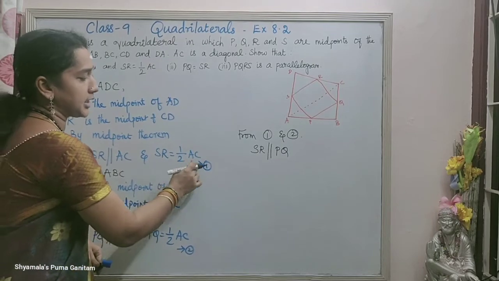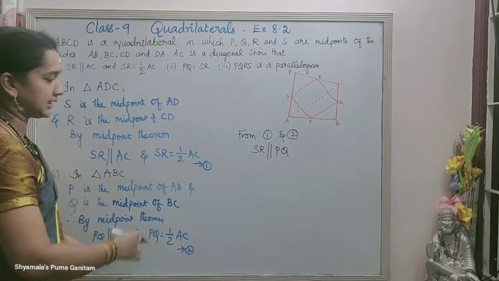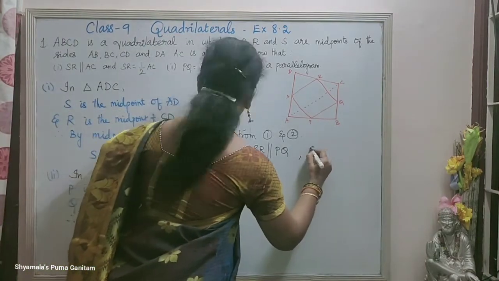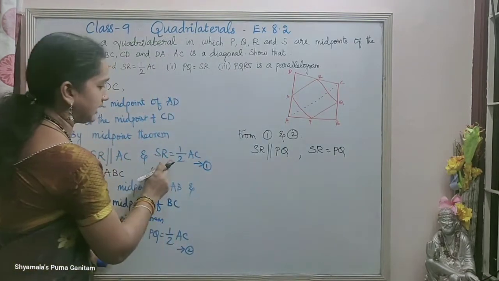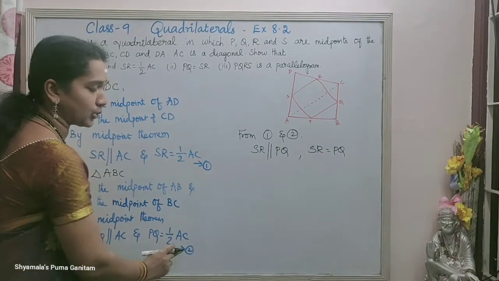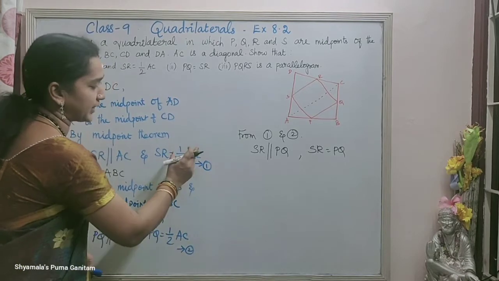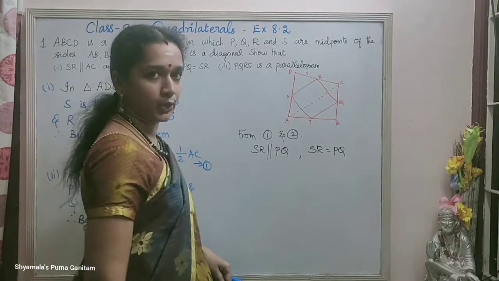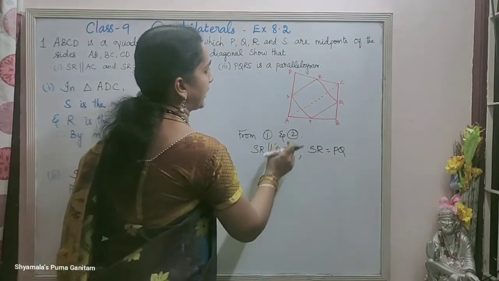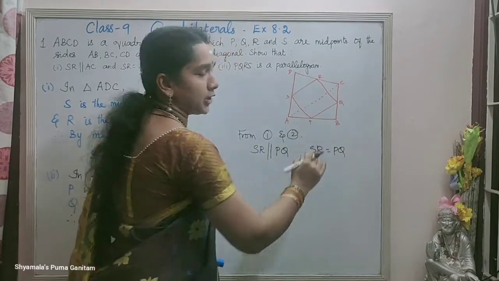Then SR is equal to half AC and PQ is also equal to half AC, so we can say that SR is equal to PQ. So SR is parallel to PQ and SR is equal to PQ.